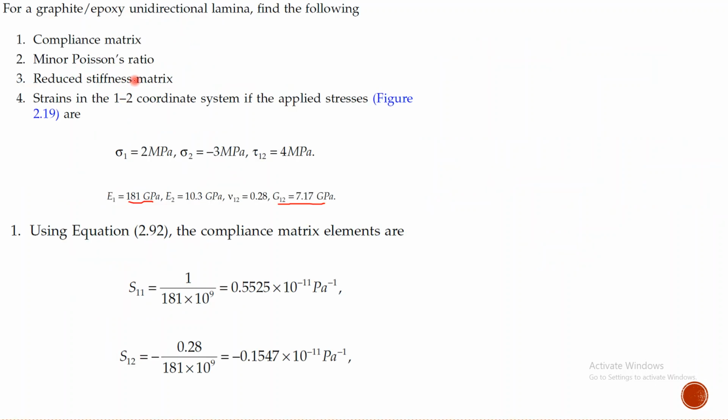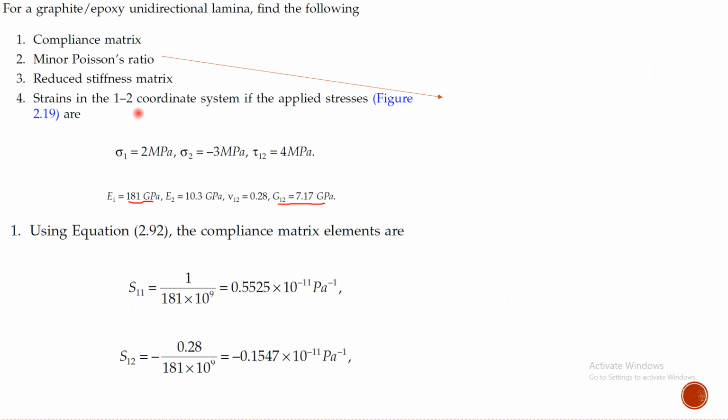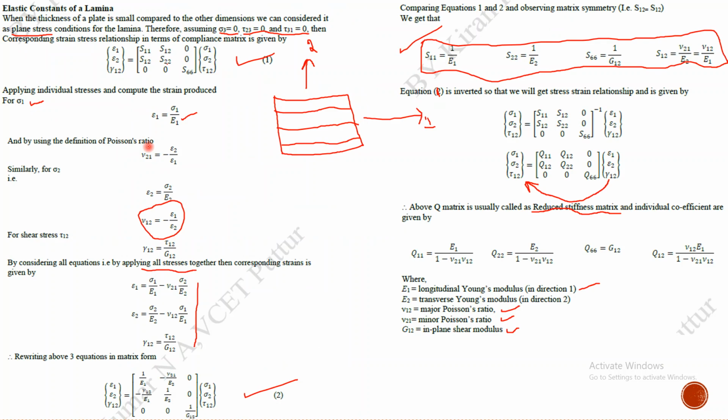The second one is the minor Poisson's ratio. The minor Poisson's ratio nu21 is nothing but E2 divided by E1 multiplied by nu12. We already dealt with this in the previous module, so that is intentionally asked here.